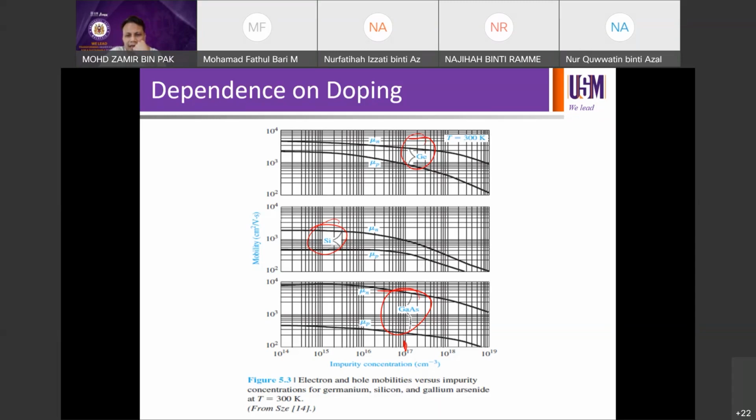Let's just have a look at electrons. Forget your holes first. What do you get for germanium? What's the value there? Anyone? Germanium, 1 times 10 to the 17. Berapa tu? Anyone? Come, let's do some reading on the graph.